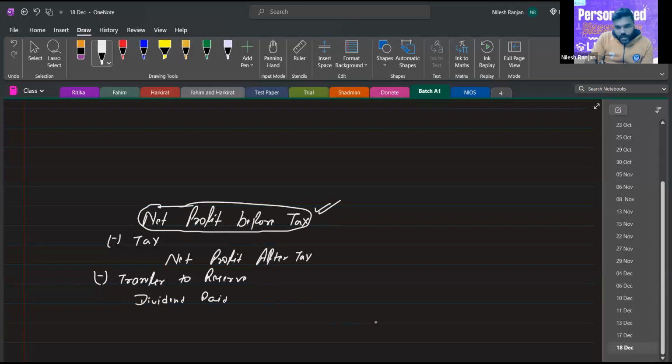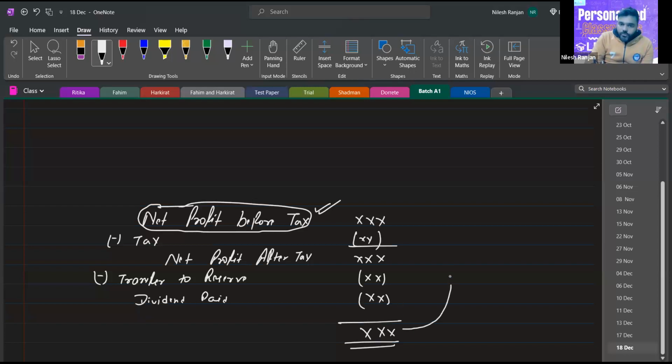Let's say you have this balance after deducting all these things. This is deducted, you have deducted this also and this one also, so after that you get this amount. Now you have to go from here to net profit before tax. These items are deducted first, so now we will add them. Yes or no?